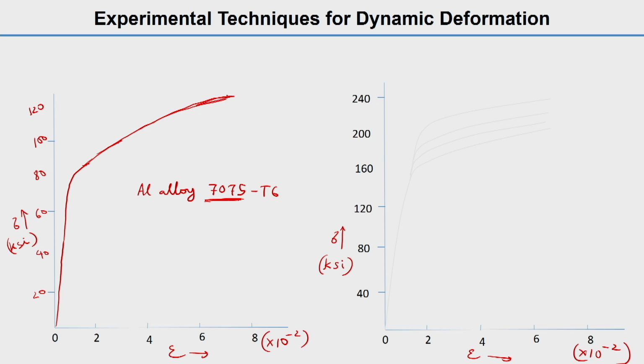This is at a particular strain rate, let us say strain rate epsilon dot is 0.03 per second, and if you increase the strain rate, let us say epsilon dot is 4 per second, epsilon dot is let us say 18 per second, and then epsilon dot is 560 per second.